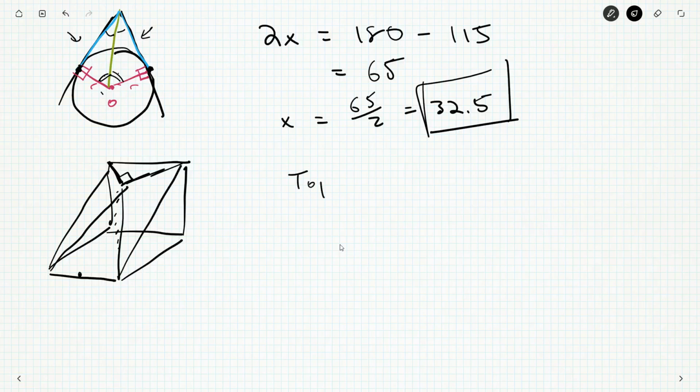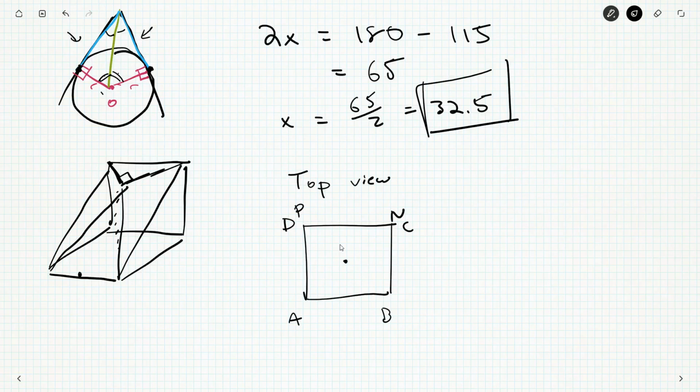So looking at the top view, I have sort of a square here, A, B, C, D, but P and N also lie directly above, and then M I think is somewhere here. And now we can better understand M's position above A, B, C, D. Okay, so we know these are equal. This is 2.